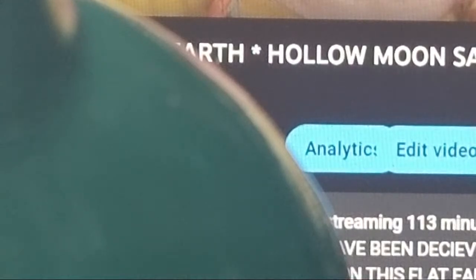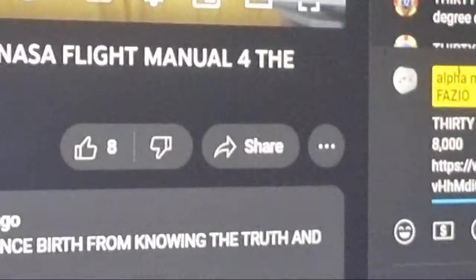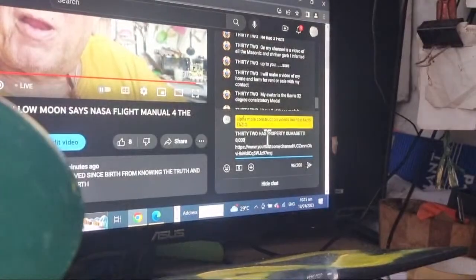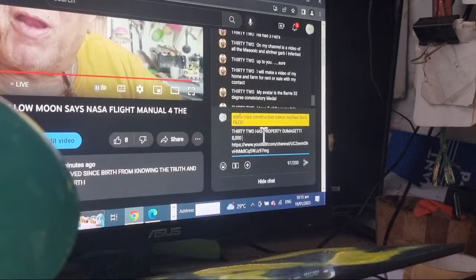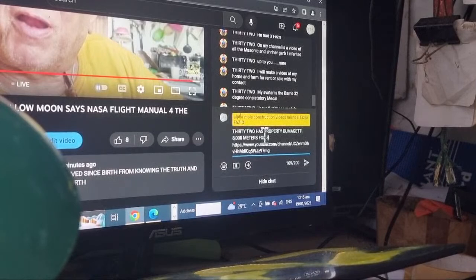I'll put this. So 32 has property in Dubay, 8,000 meters for sale or rent.